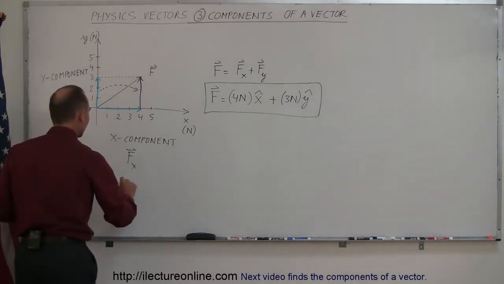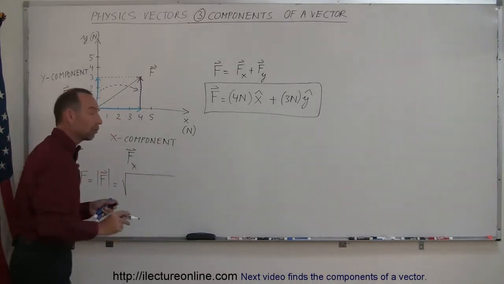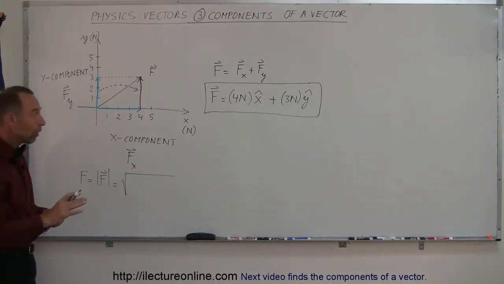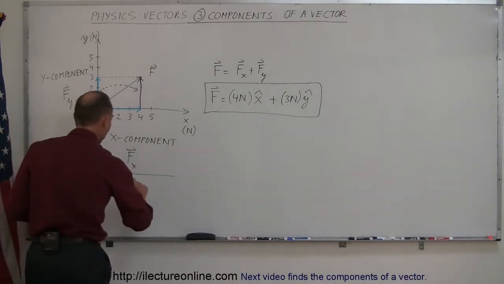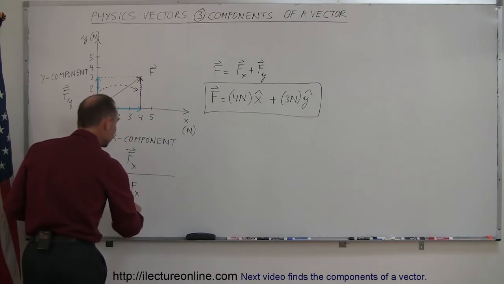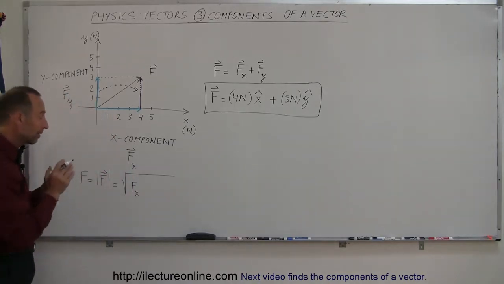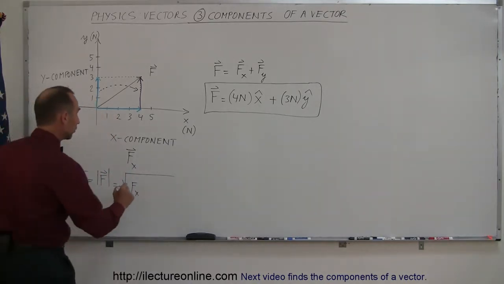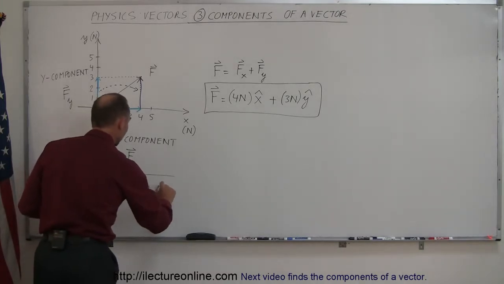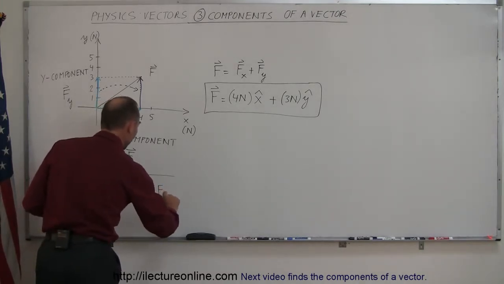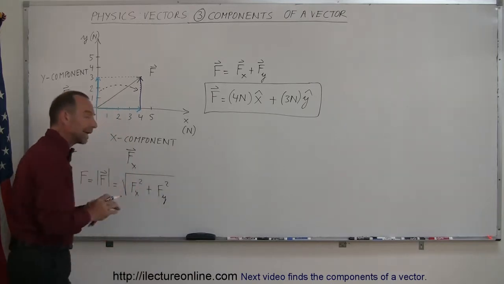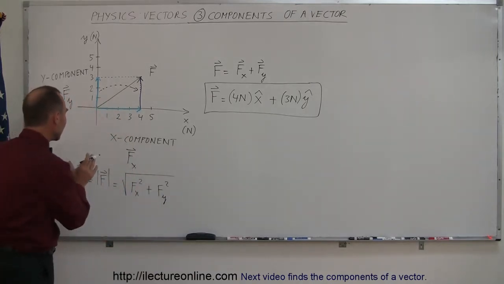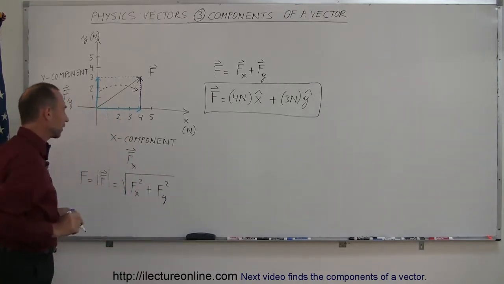And this can be found by taking the square root of the square of the magnitudes of the components. I can take F sub x, which is the magnitude of the x component, not the direction, but only the magnitude, square that, plus the magnitude of the y component squared, sum them together, take the square root, and that gives me the magnitude of the vector F.